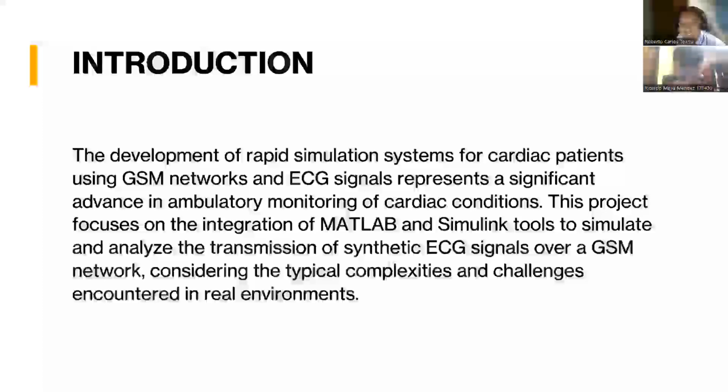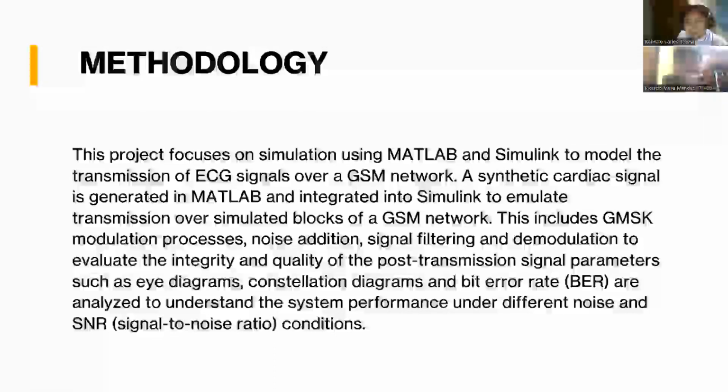This project focuses on simulation using MATLAB and Simulink to model the transmission of ECG signals over a GSM network. A synthetic cardiac signal is generated in MATLAB and integrated into Simulink to emulate transmission over a simulated GSM network.